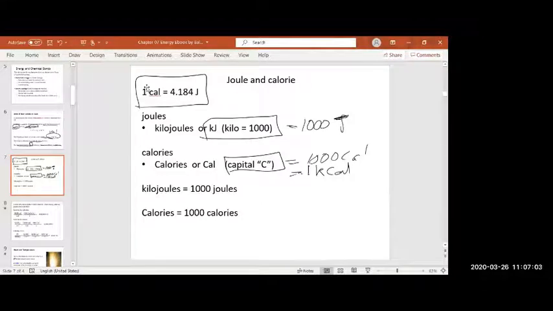We call it capital Cal or small cal. Capital Cal is the one that represents the kilocalorie, sometimes also called the nutritional calorie, and it represents 1000 calories.